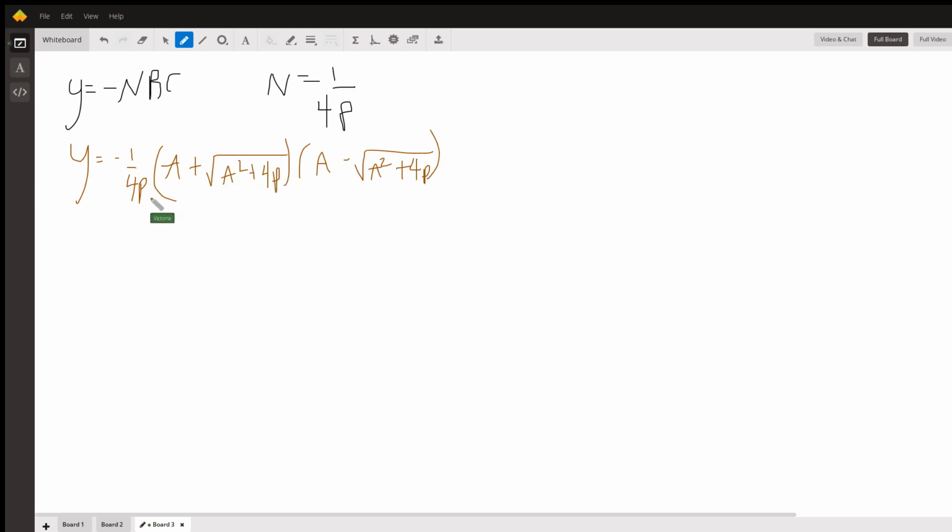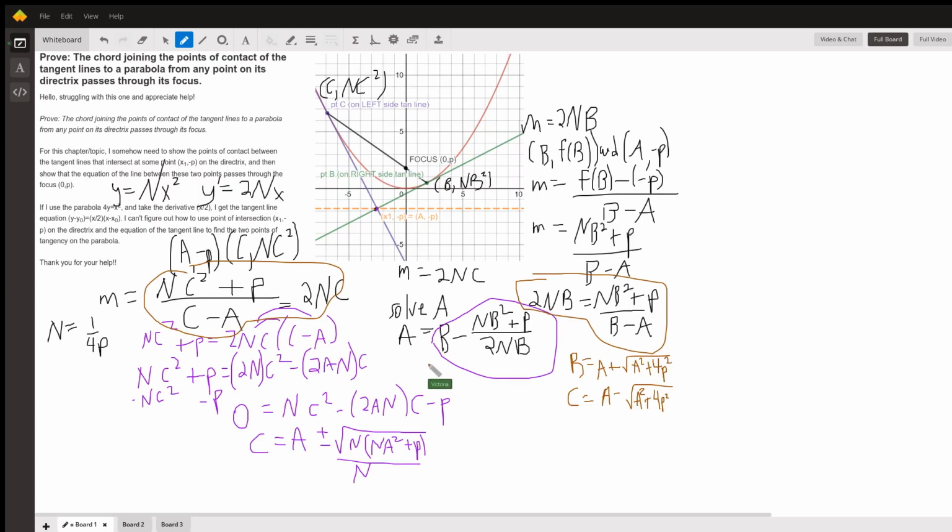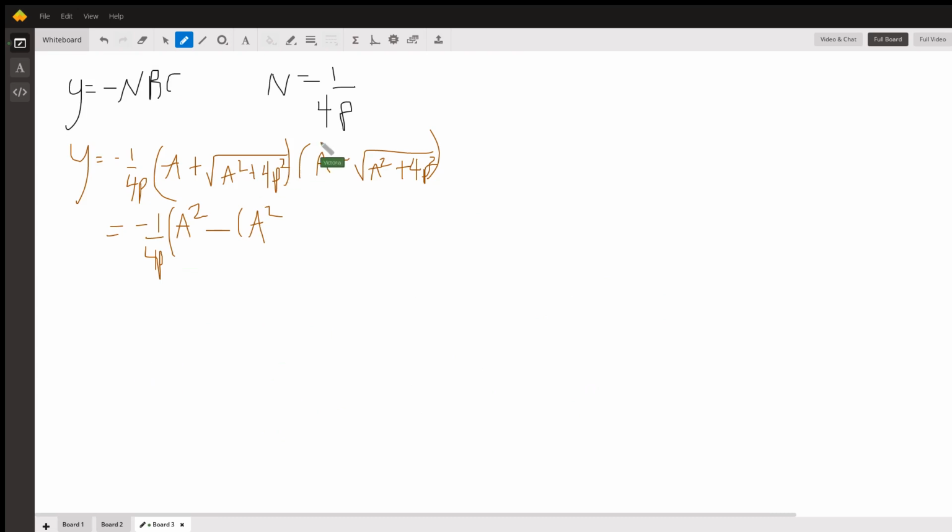Now, when you FOIL these, what you get is a squared, this FOIL cancels, and then you have minus a squared. Oh, these should have all been squared, shouldn't they? Make sure. Yeah, those are squared. So you multiply these, you get a squared plus 4p squared.